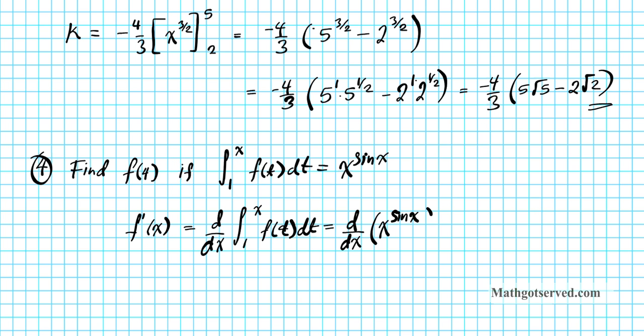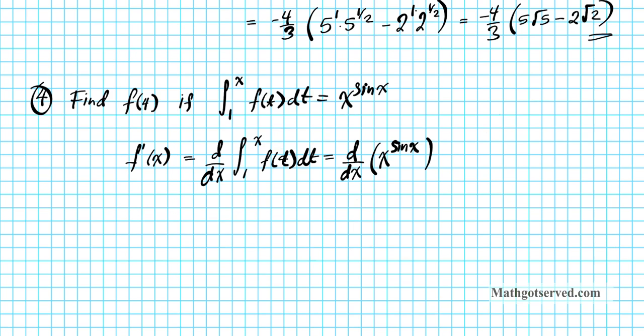Now, if you have a situation like this, a function raised to a functional power, we're going to have to use logarithmic differentiation. Okay, so let's say y is equal to this function right here, x to the sine x.